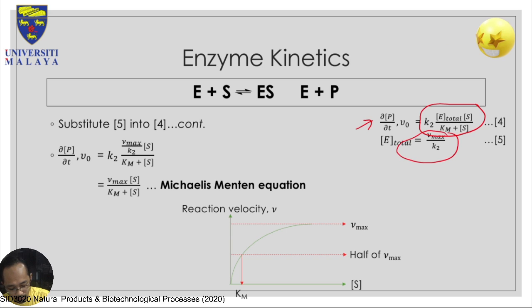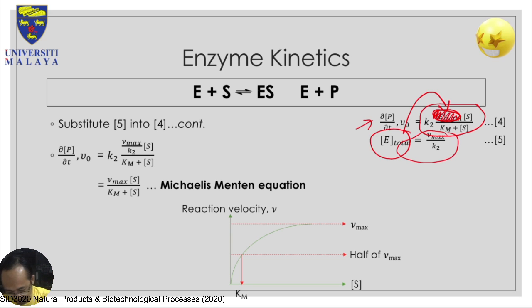So when you substitute this E total into equation number 4, what you will have is V naught. Now you can combine the Vmax and V naught.